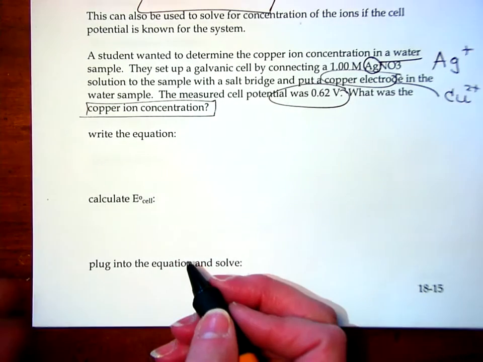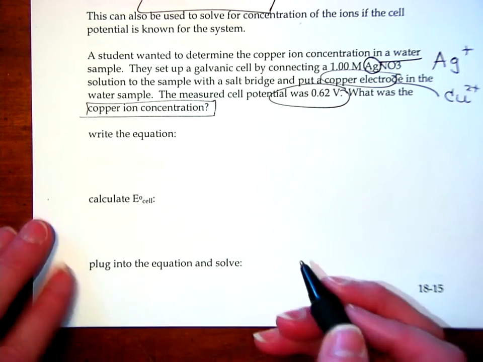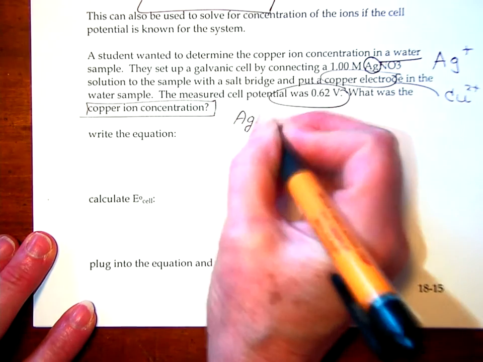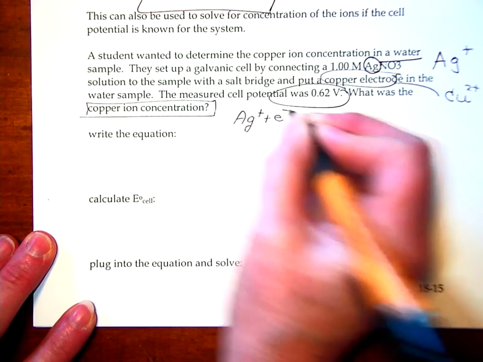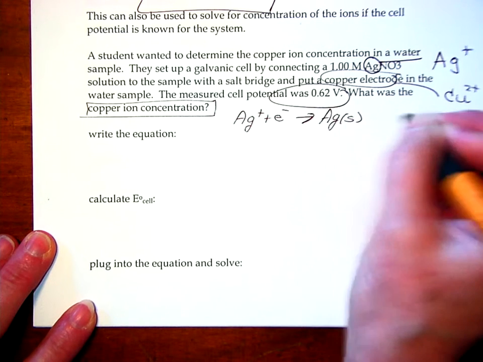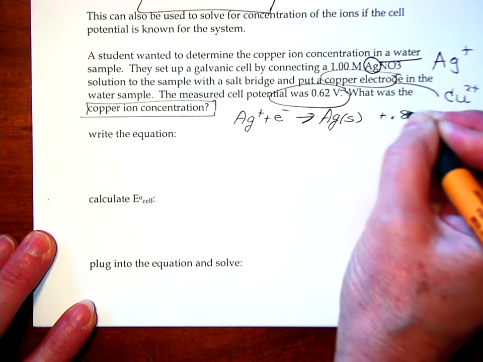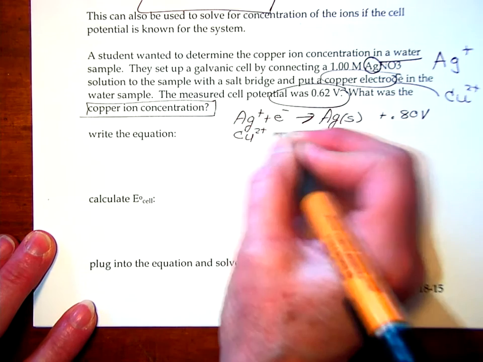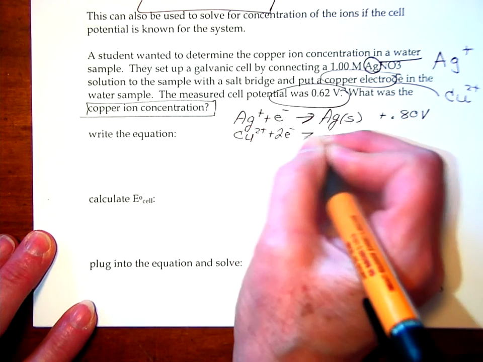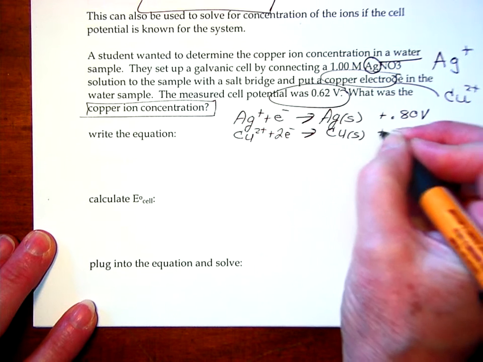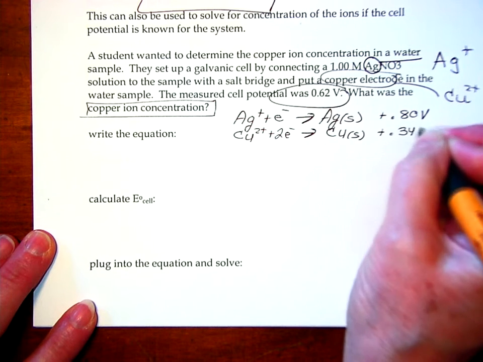Well, we start off by figuring out what's going on in my beaker. And we have silver ions that can get an electron to make silver solid, and the reduction potential for this is a positive 0.80 volts. The other chemistry is the copper 2 plus gets 2 electrons to make copper solid, and this has a reduction potential of 0.34 volts.